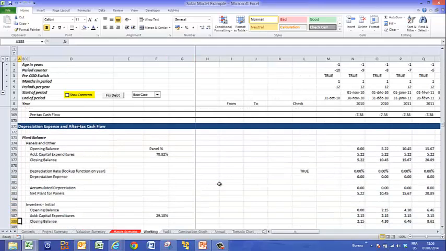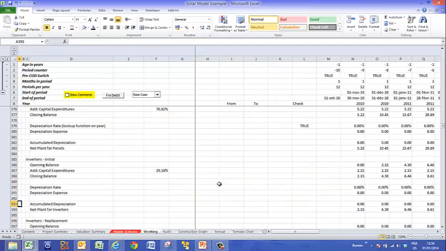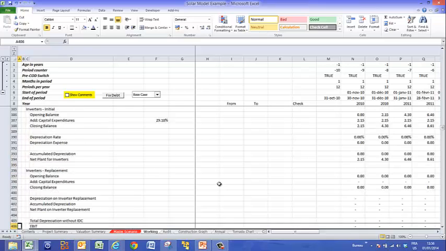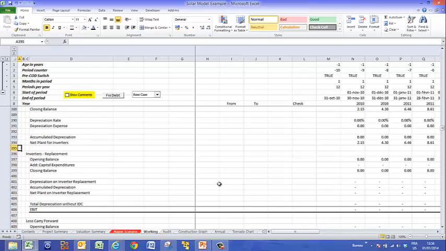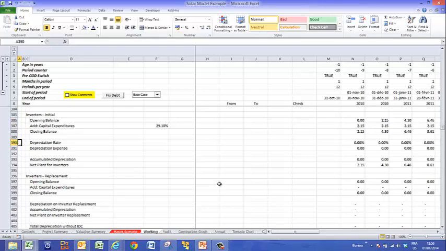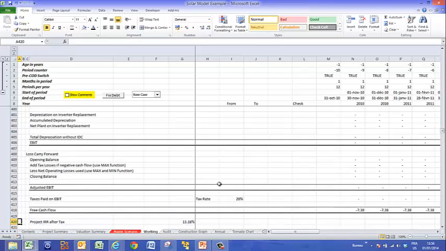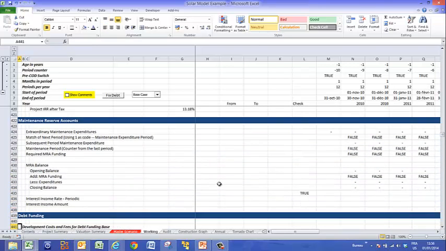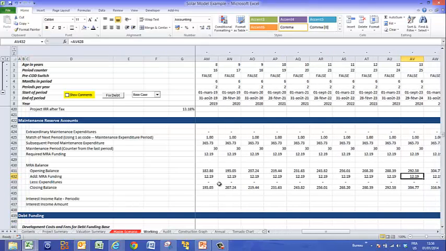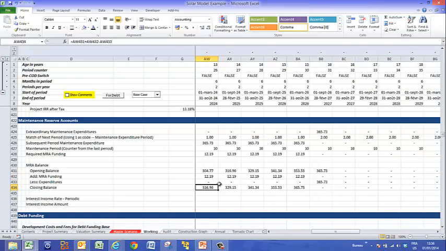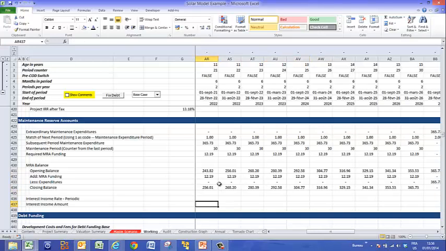We put in a balance on the initial inverter, excuse me, and then the inverter replacement. Then we put a maintenance reserve account in where we left off last time. I had a positive balance. This time we had a zero balance.